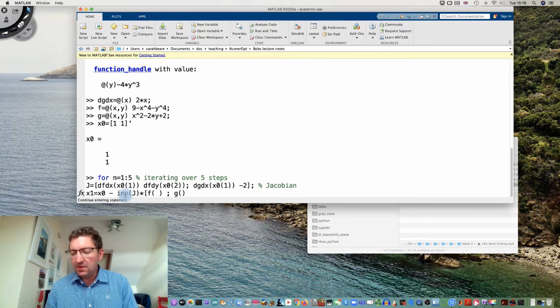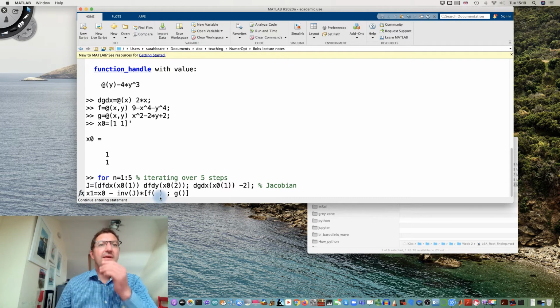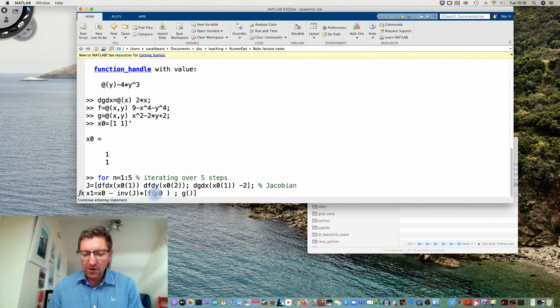We'll fill in these arguments in a minute. The key point is we've got f here and g in our big function, and then we need to fill in the arguments. The arguments are the value of x, which is x0(1), and the value of y, which is x0(2).